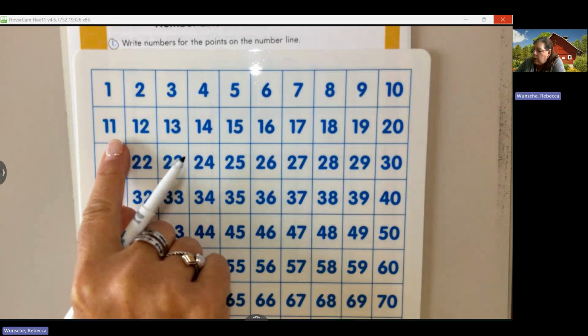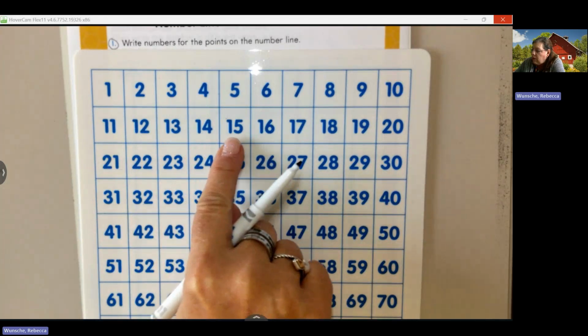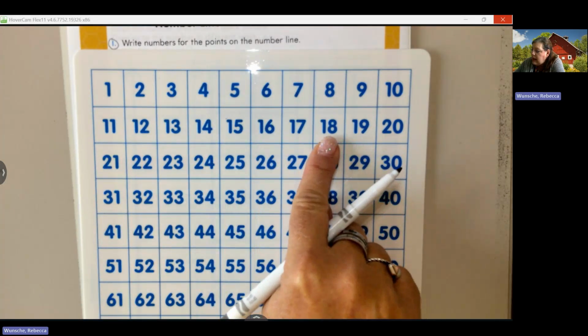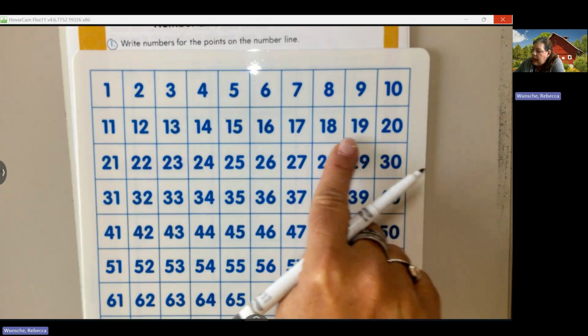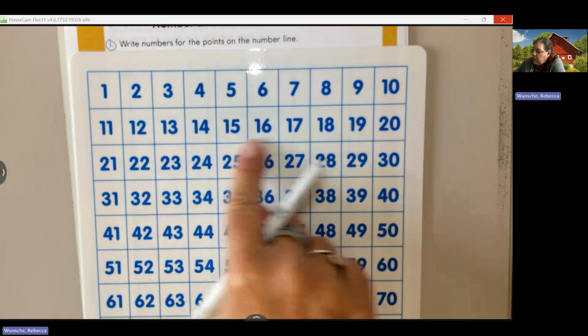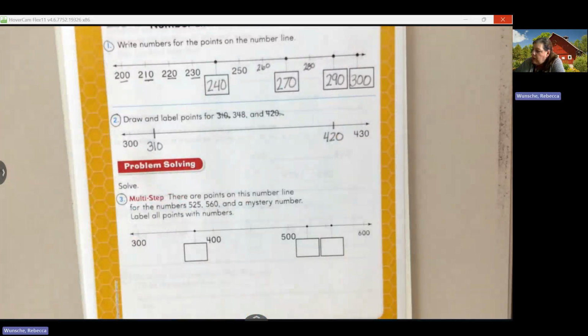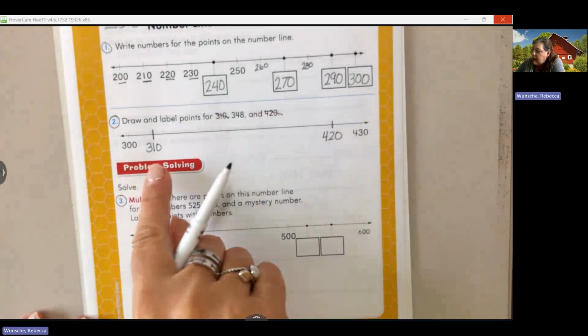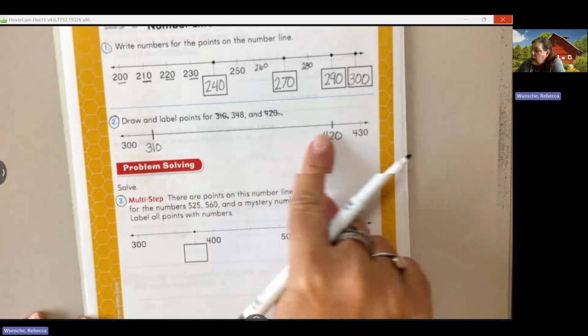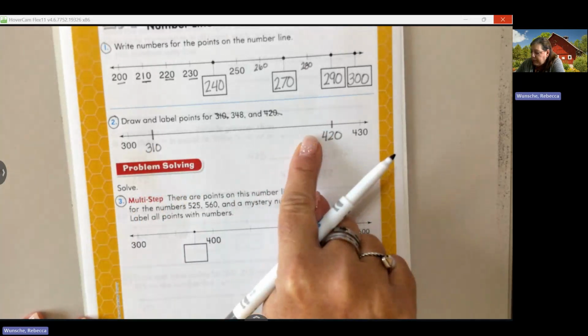I see a 1, 2, 3, 4, 5, 6, 7, 8. That 8 kind of falls in between those numbers, doesn't it? So my 348 is going to need to go somewhere between these numbers, right?